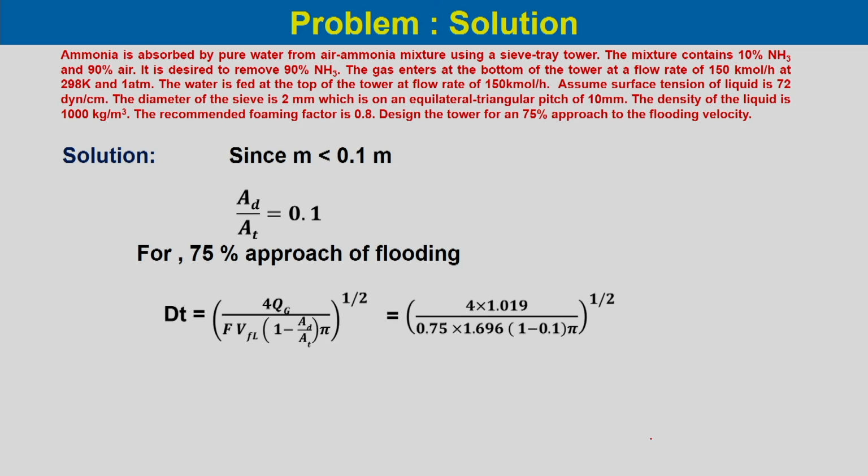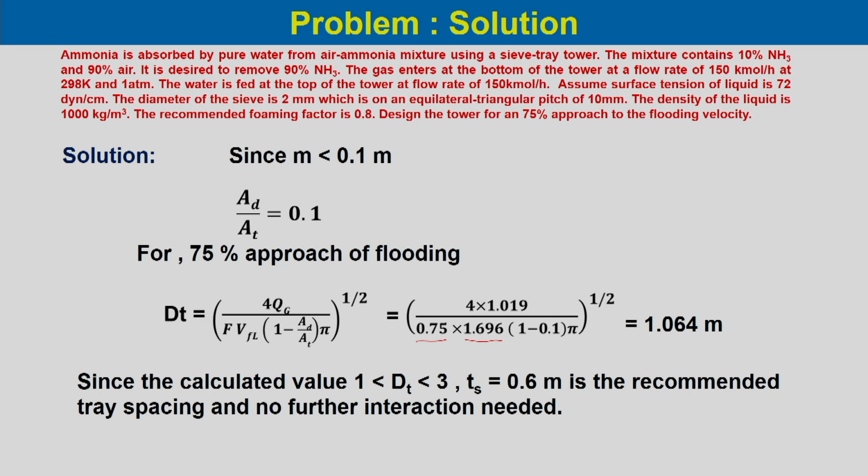If we substitute the values, 4 into 1.019 divided by 0.75 into 1.696 into 1 minus 0.1 into pi, to the power half, then we get dt as around 1.064 meter.